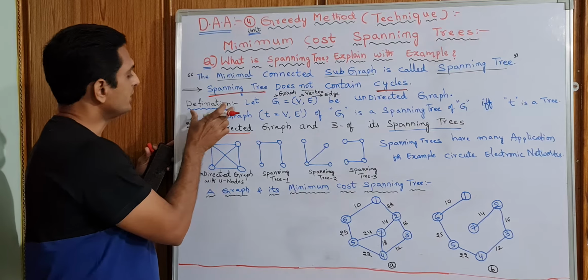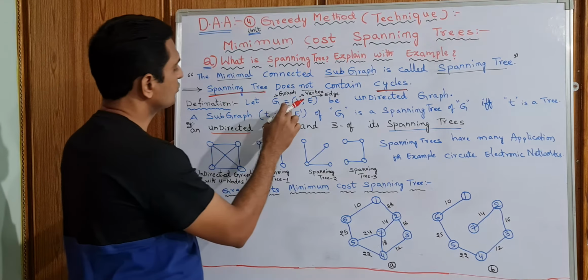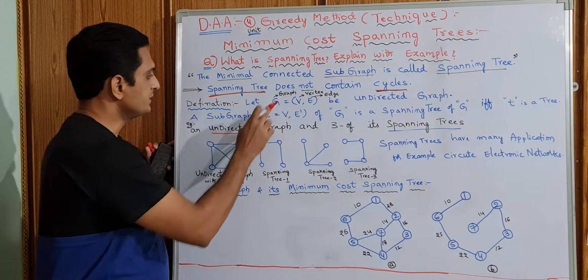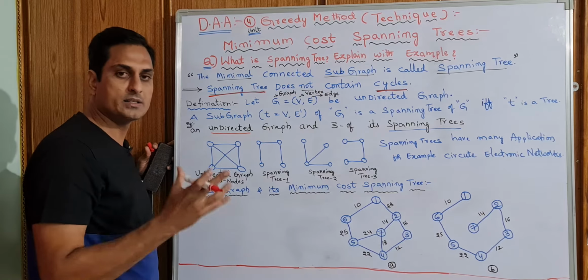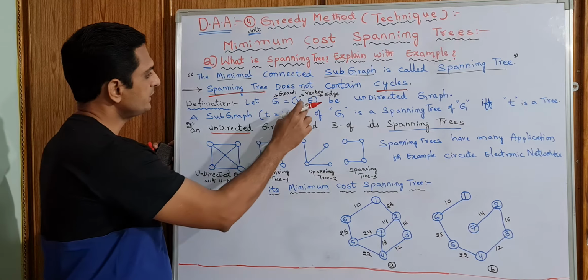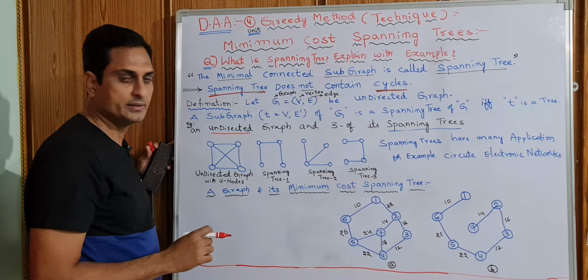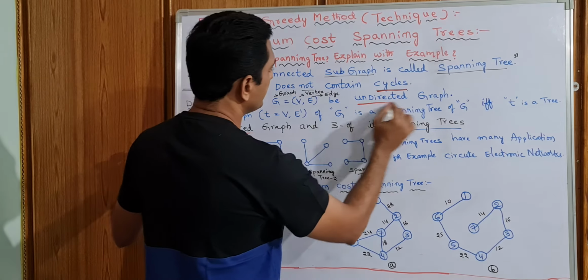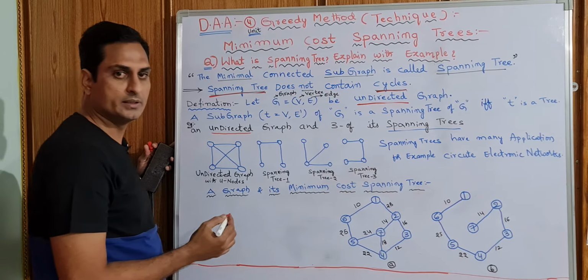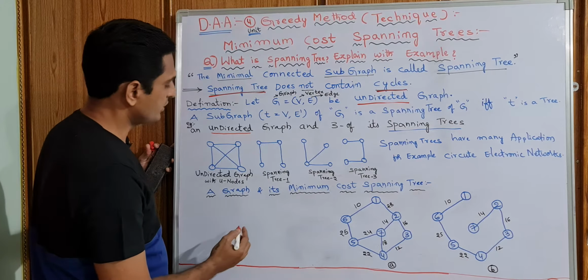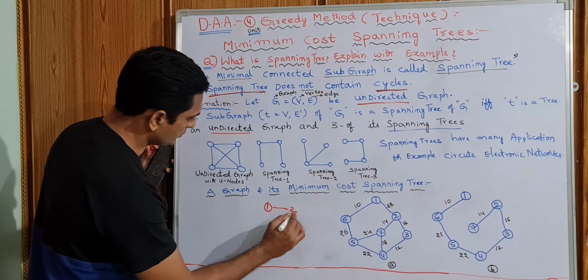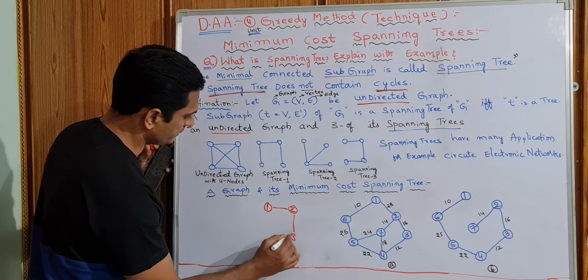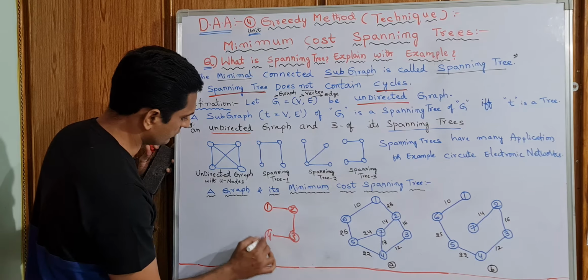That is one definition. Let G equal (V, E). G stands for graph, V is vertices or nodes, E is edges, an undirected graph. For example, in my last video I showed 1, 2, 3, 4.